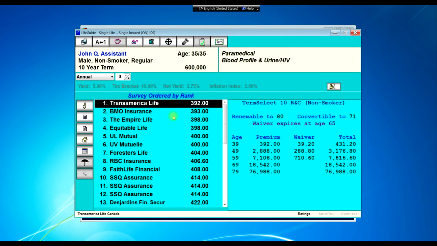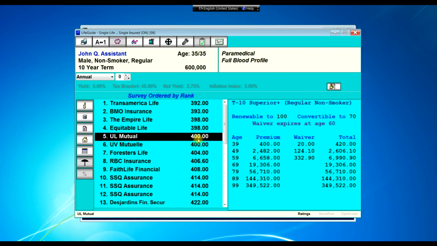And we see now that the premiums are quoted on the basis of age 39 as opposed to age 35, which was the original input. That's because ratings are applied by increasing the person's insurance age.